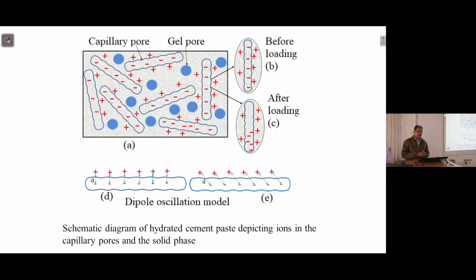So for the hypothesis, what is considered is this: like I mentioned, there is a place in between the gel formed zones, right? These are blank spaces which remain there, referred to as capillary pores. These capillary pores have the water which remains there, which is not used by the reaction.